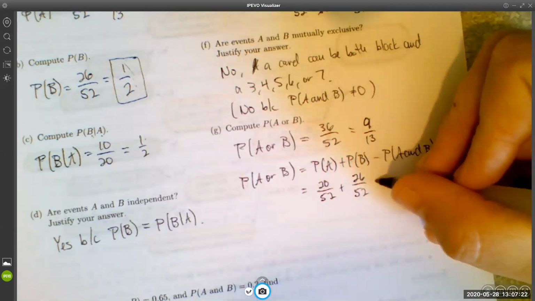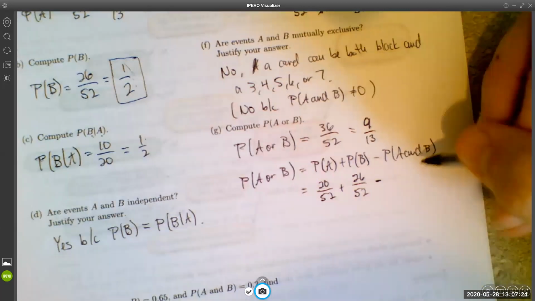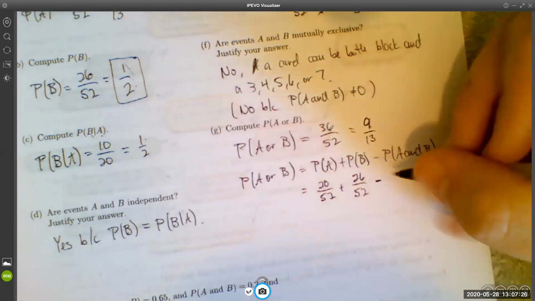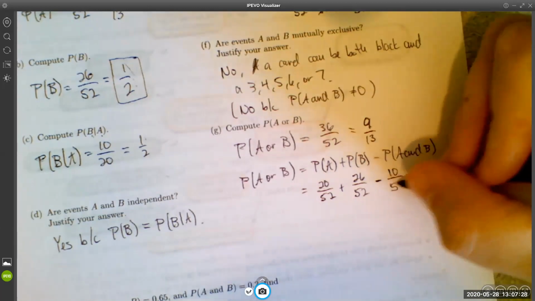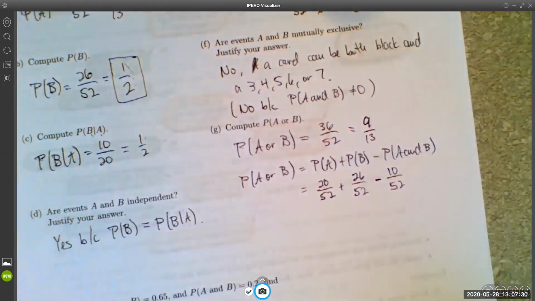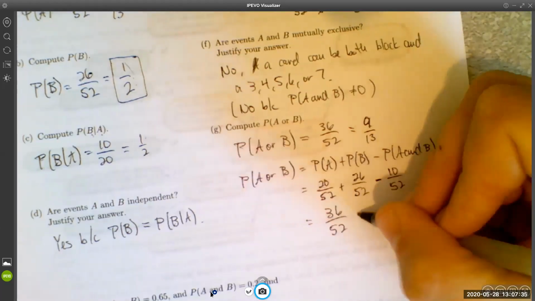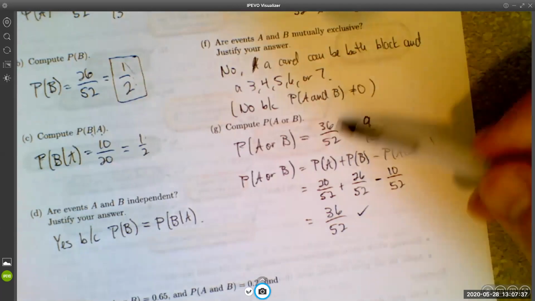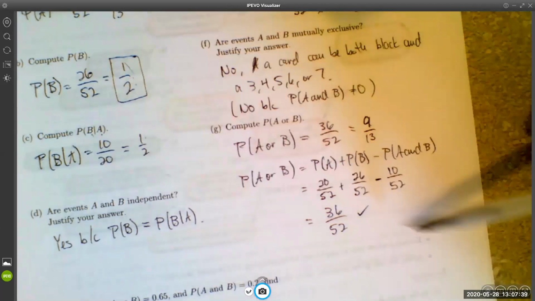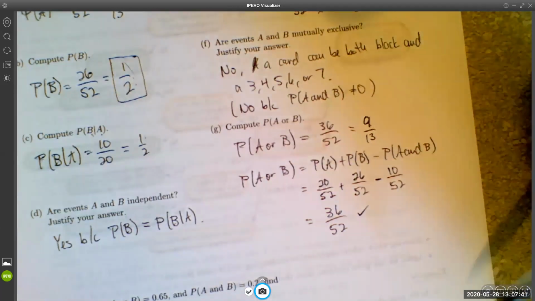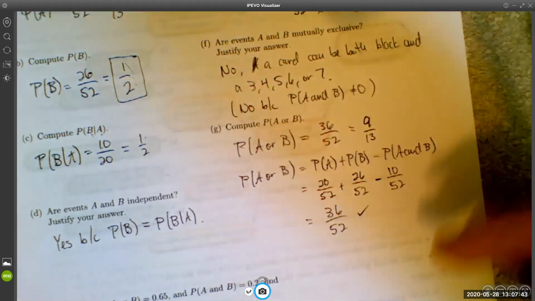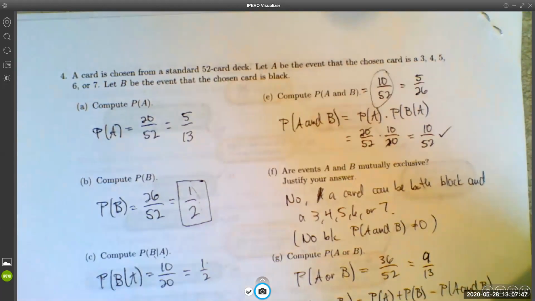So we have to subtract those off to undo the double counting, right? Probability of A and B, we said, is 10 out of 52, right? So there are 10 double countings there. And then if you add that up, sure enough, you get 36 out of 52, just like we got when we reasoned it out by hand. So you don't actually need the formula for this particular problem, but it does work, and it's nice to know that it works. Okay, so that's number 4.